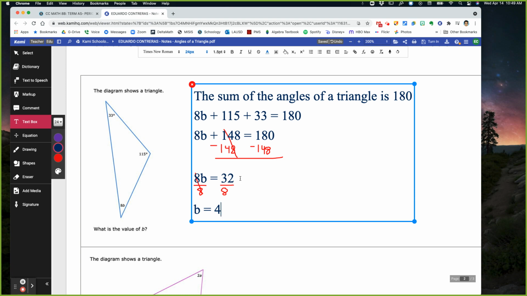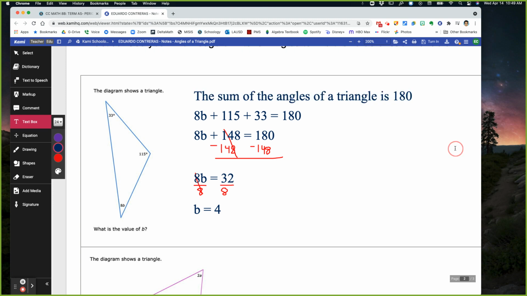Now, I'm going to do one thing. I'm going to highlight and copy this first sentence: the sum of the angles of a triangle is 180. I'm going to copy that because that's how I'm going to start the other two problems I'm going to do for this. Okay?